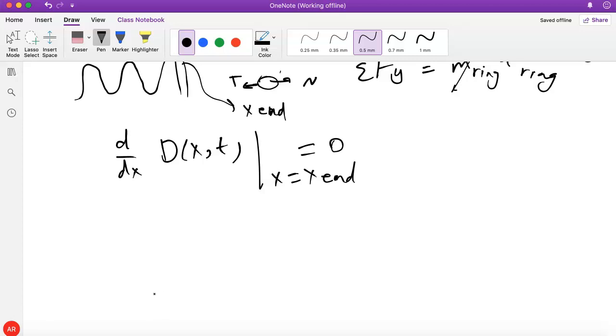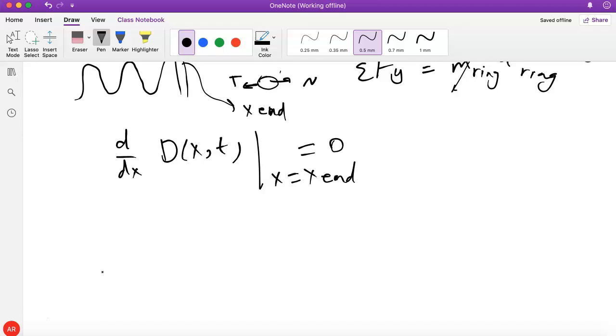So therefore it means that at that point we have an antinode. Okay, so now we can think about various boundary conditions. We can have fixed, which we already discussed. We can have fixed free, we can have free, and we can have free fixed.